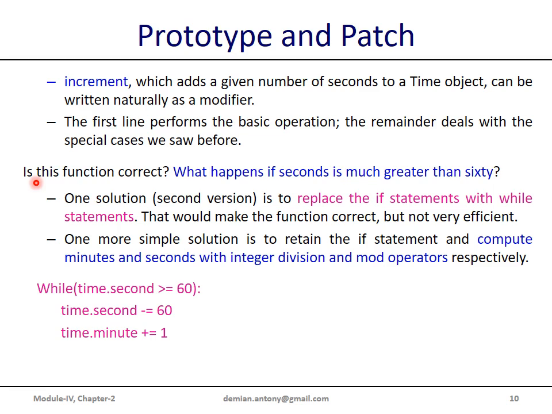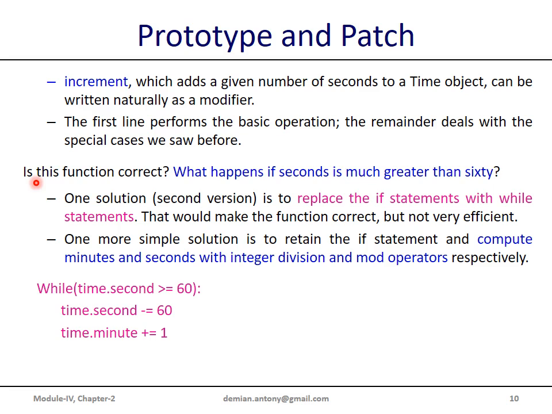So one solution to handle this is to replace the if statements in the previous function with the while statement, and definitely we get a correct result because we are going to subtract 60 as long as the seconds are greater than or equal to 60.